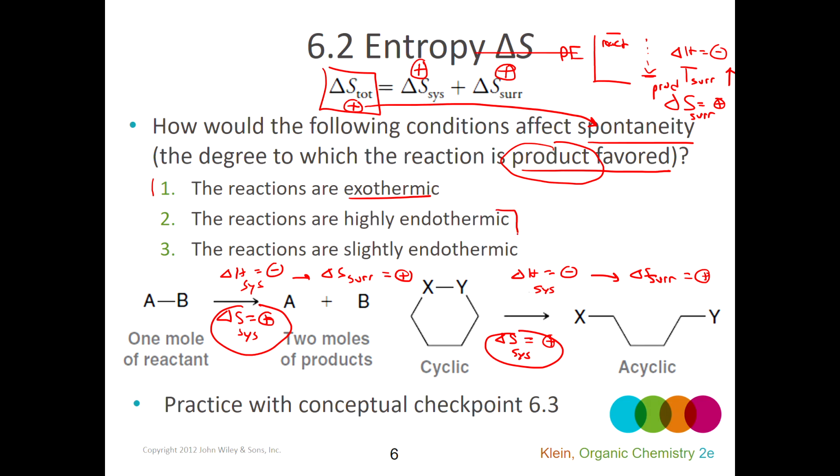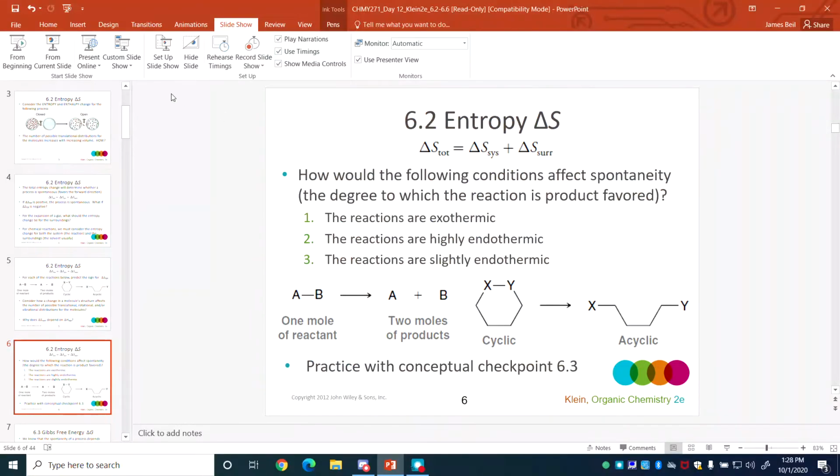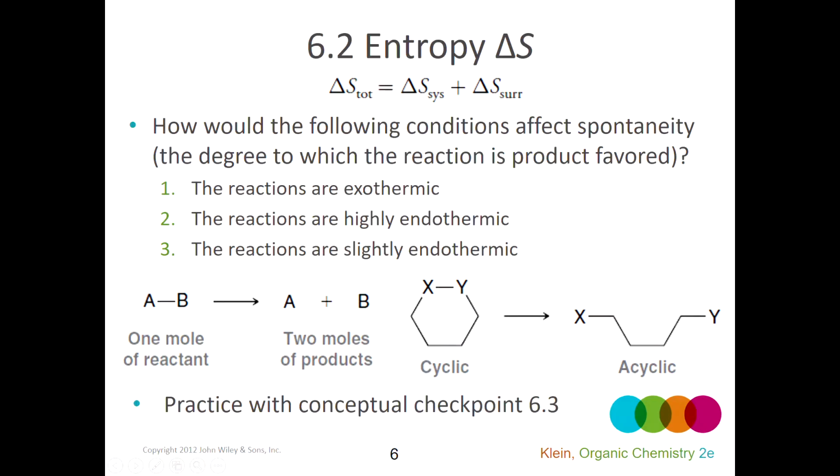In either of these scenarios, if I have an endothermic reaction where delta H is positive, then I have the opposite situation going on in regards to the surroundings. So if delta H is positive for the system, that would imply that if I look at the potential energy, the products are less stable than the reactants, and the difference in enthalpy being a positive change for the system, I must be absorbing that energy from the surroundings.